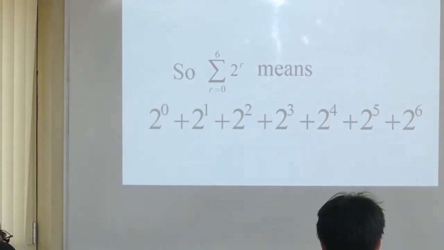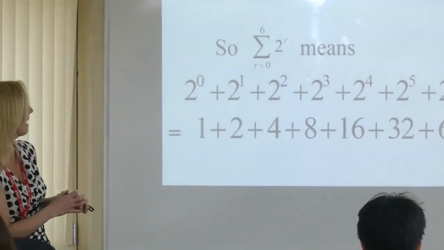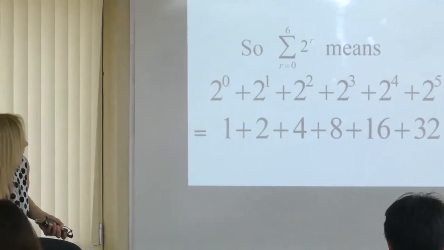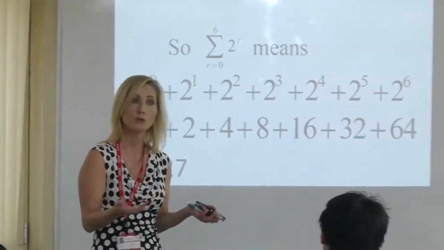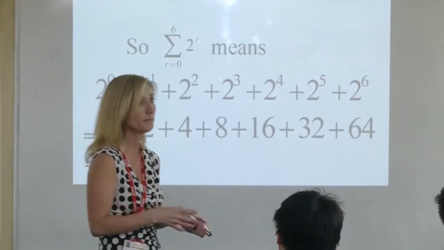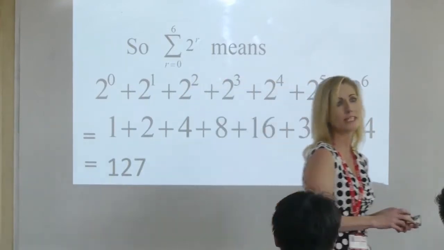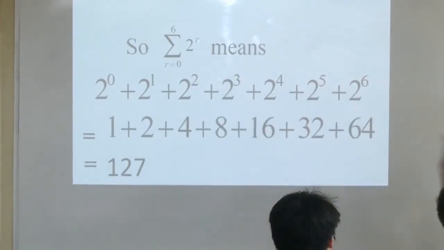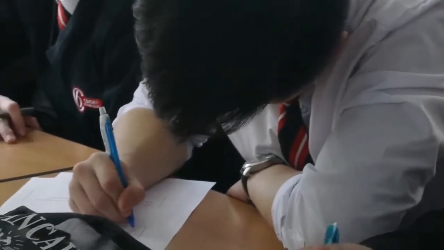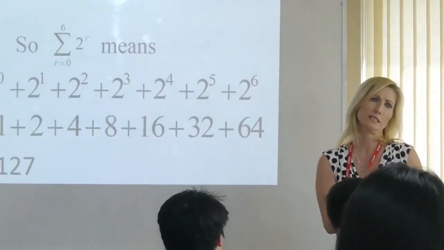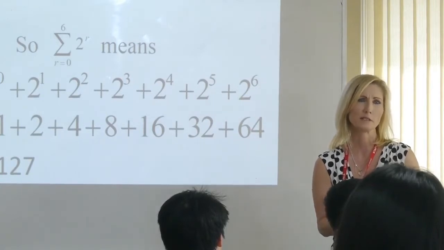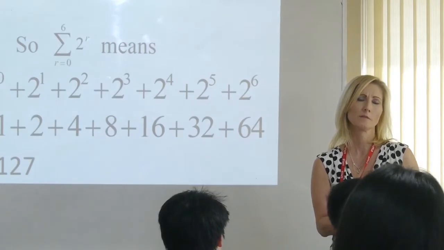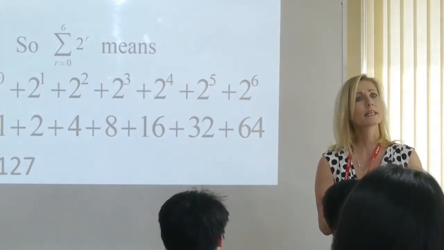So we will then have to add it up. Now this can be quite a tedious process. So what we would do is look for shorthand methods. Now what shorthand methods have you looked at recently to add up large sequences of numbers? Nikki, what have you looked at recently that would help you to add up large amounts of numbers? Arithmetic.